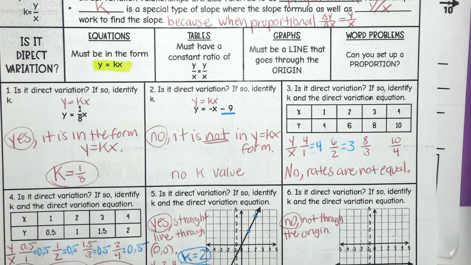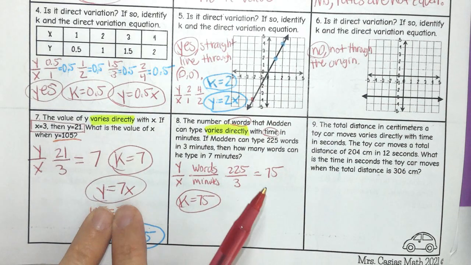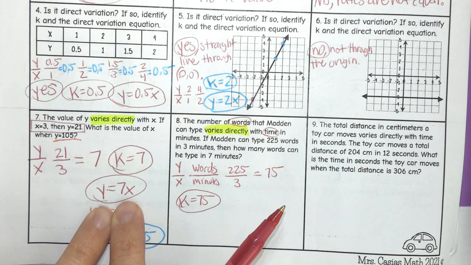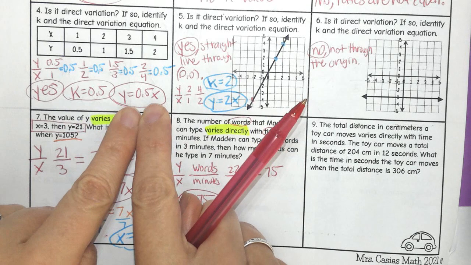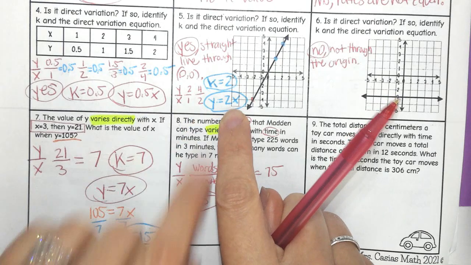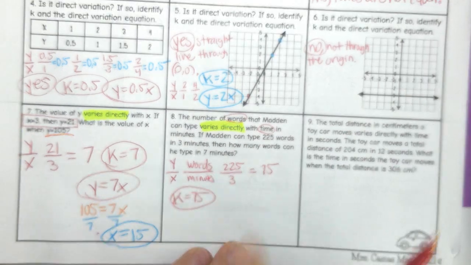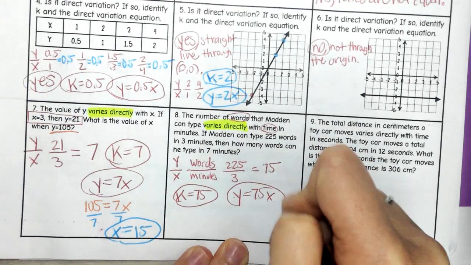Y equals kx. So plug in your k value. So what is the equation? Okay, do you see how my equation here, k was 7, so it's y equals 7x. K was 0.5, my equation was y equals 0.5x. K was 2, y equals 2x. If k is 75, what's my equation? Thank you. Very good.